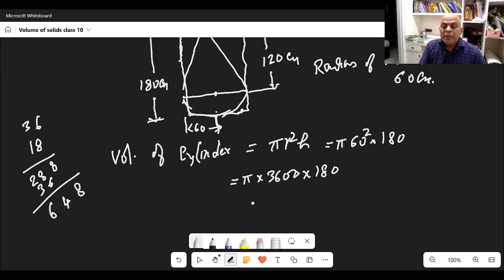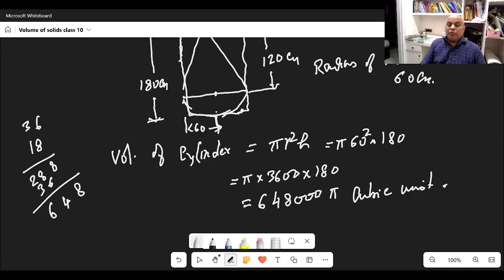So this will become 648 and triple zero, put three zeros, pi cubic unit. This is the volume of water which was originally there in the cylinder.